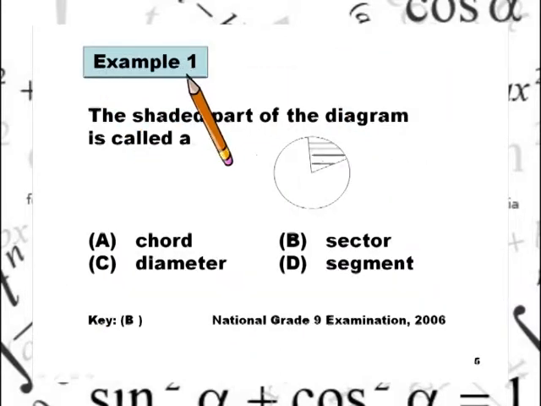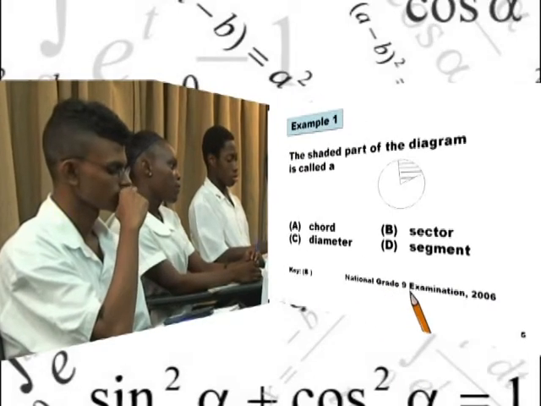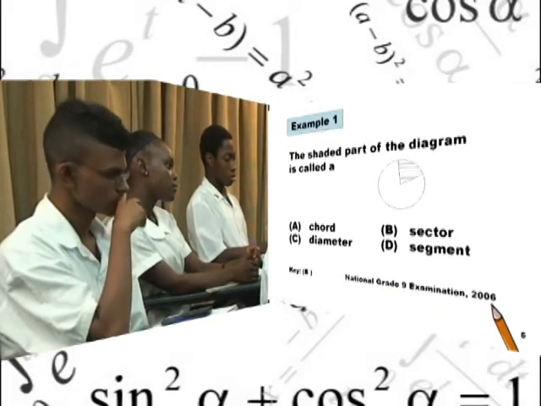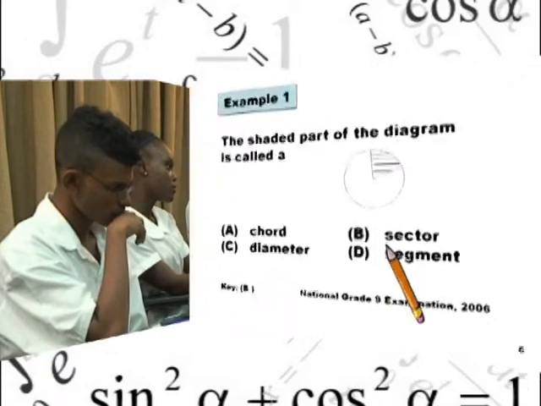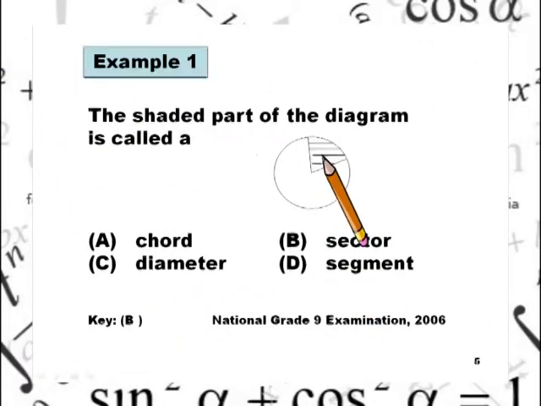Example 1. The shaded part of the diagram is called A chord, B sector, C diameter, D segment. It's taken from the National Grade 9 Examination 2006, and the answer is B, sector.